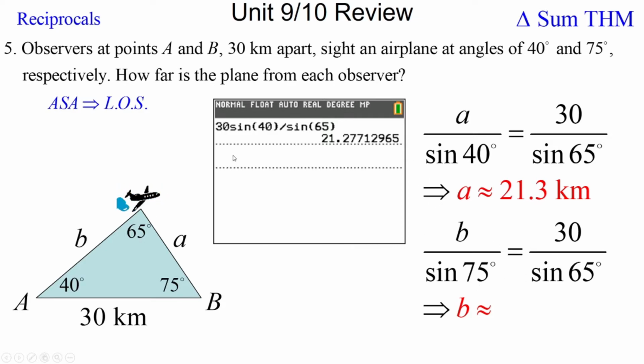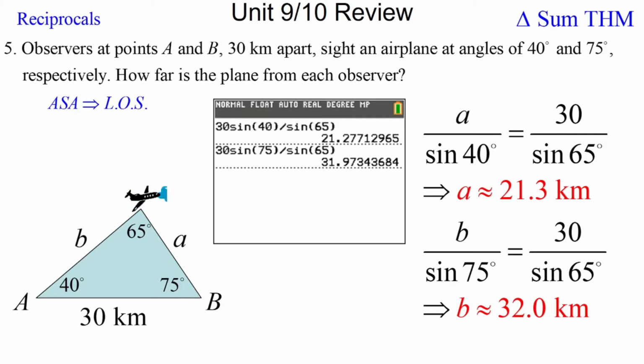So I'm going to get 30 sine of 75 degrees divided by sine of 65 degrees. And that one should be a little bit longer than the previous one. Let's see how we did. Yeah, look at that. 31 point, well, that's going to be a 0. So is that 32.0? 32.0. And one more time, what's my units? Kilometers. And there you go.